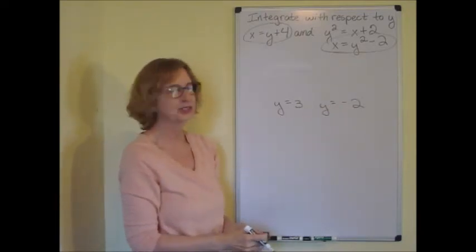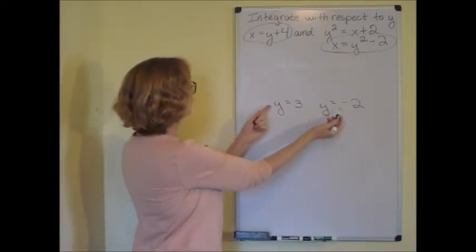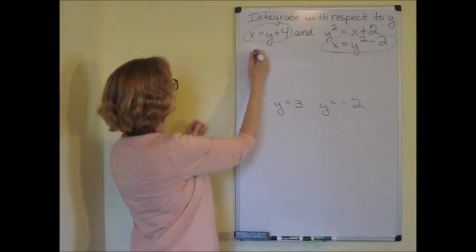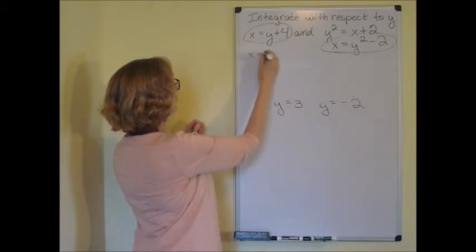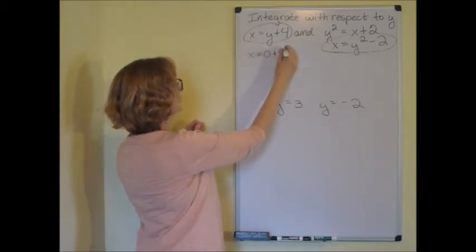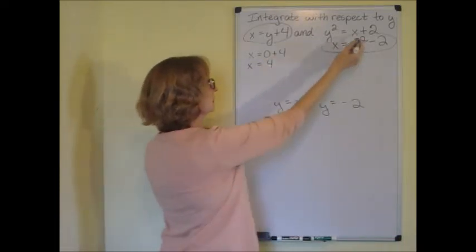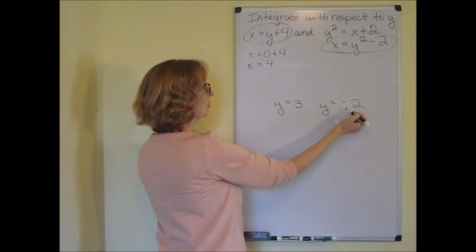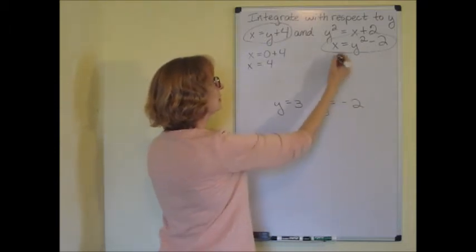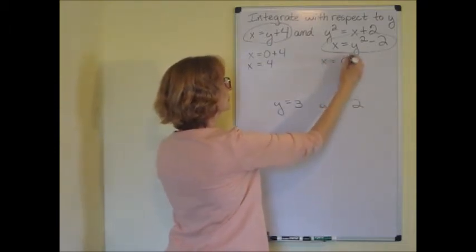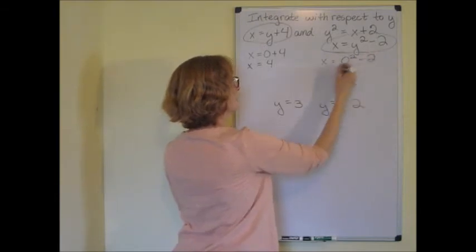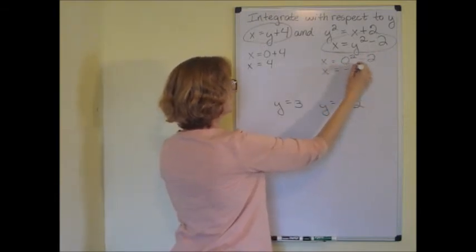Again, 0 is a good choice. It's pretty easy to pop in. So if I plug in a 0, I'm going to get 0 plus 4 for this one. My x value is 4. And for the second one, if I pop in a 0 for my y, I have x equals 0 squared minus 2, or x is negative 2.